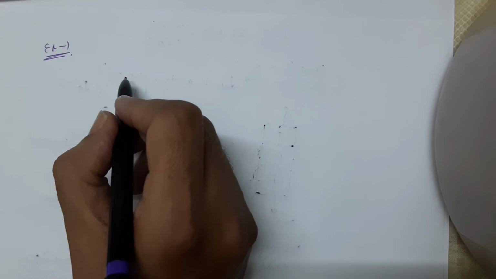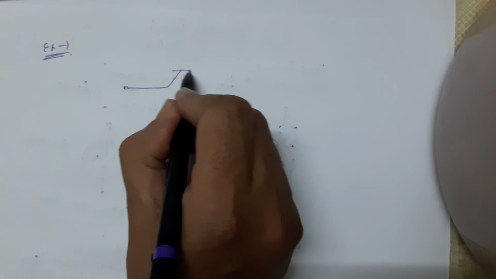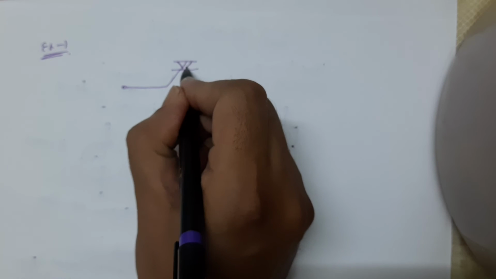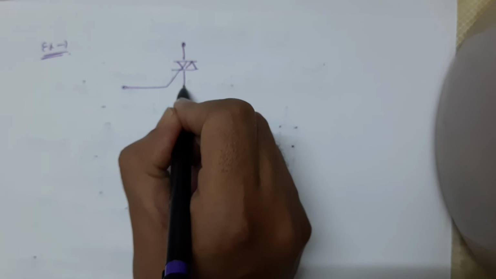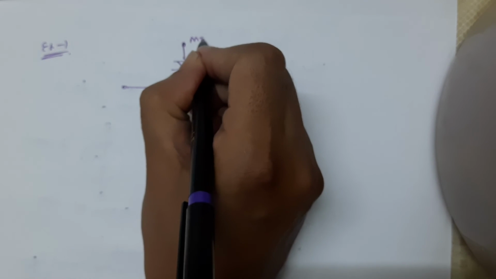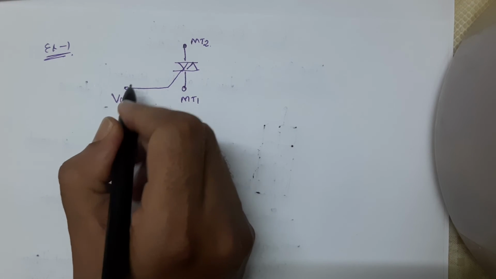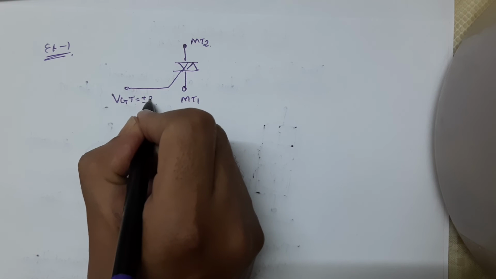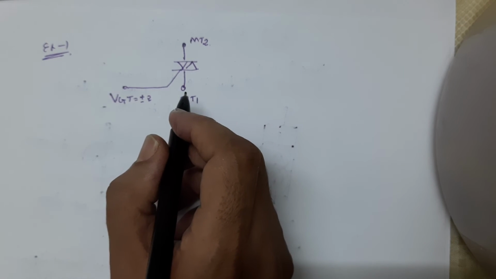So we first draw the simple triac. This is MT1, this is MT2, and in this example we consider VGT equal to plus or minus 2 volts. What is our example?